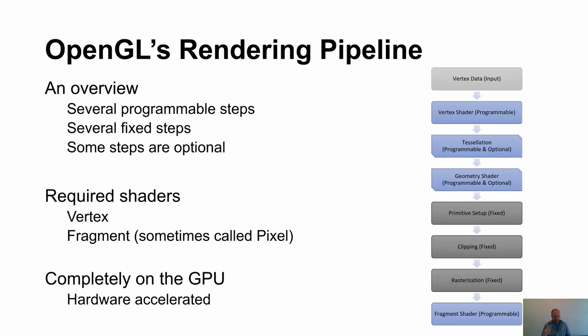So talking a little bit about the rendering pipeline, this is an overview. I do recommend that you go and check this out at a deeper level if you want, but this is a high level overview. The only two required shader stages that need to be defined by the application, the API user, are the vertex and the fragment shader, also known as the pixel shader.